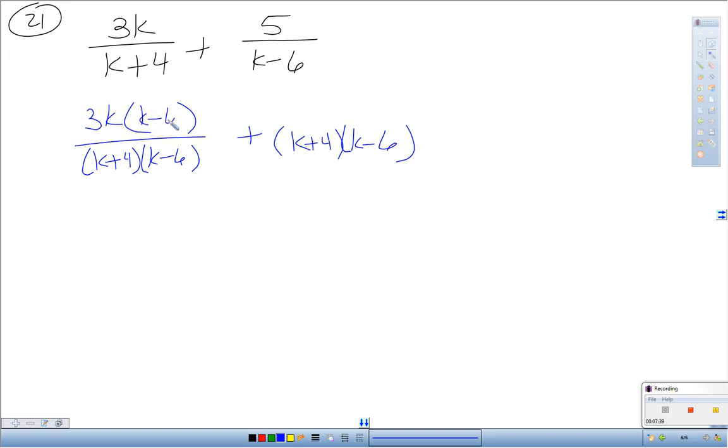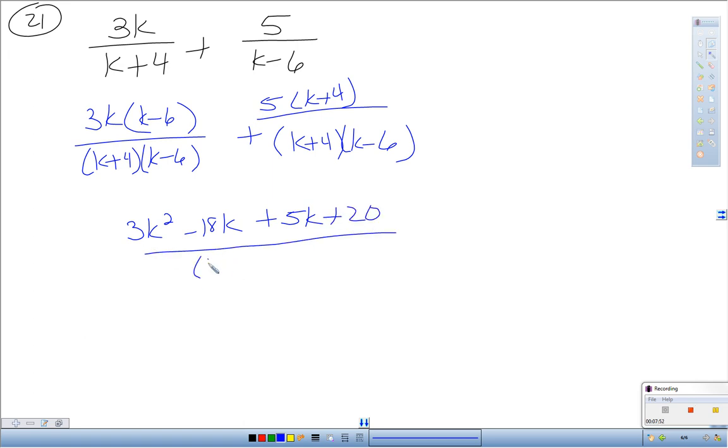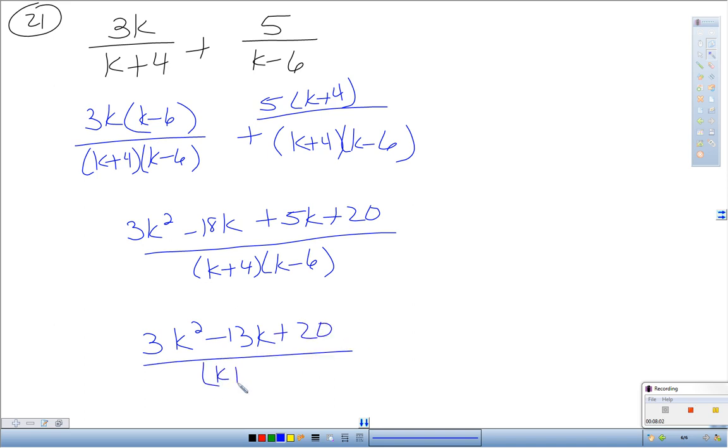So this is missing a k minus 6, and this one's missing a k plus 4. So I'm going to get 3k squared minus 18k plus 5k plus 20 over my common denominator of k plus 4, k minus 6. I combine my like terms and get 3k squared minus 13k plus 20 over k plus 4, k minus 6.